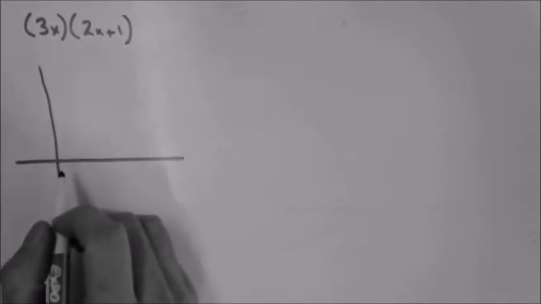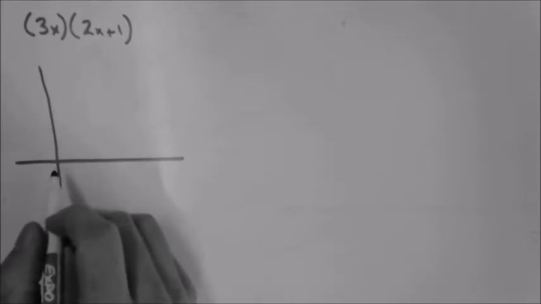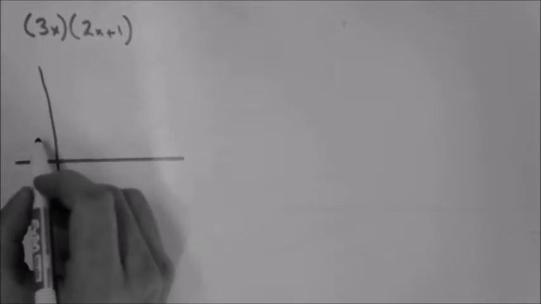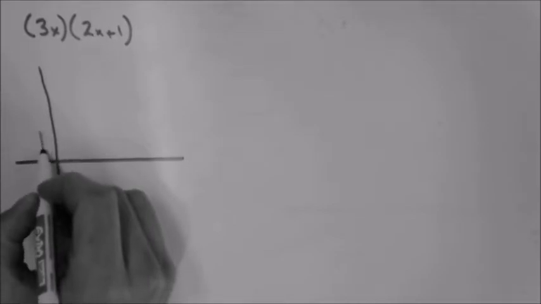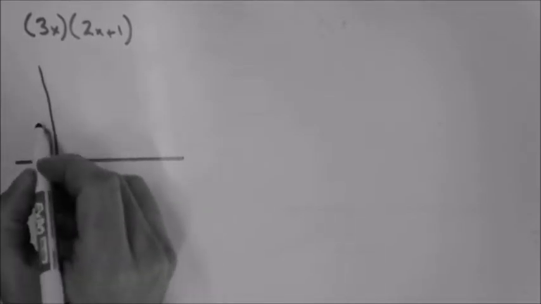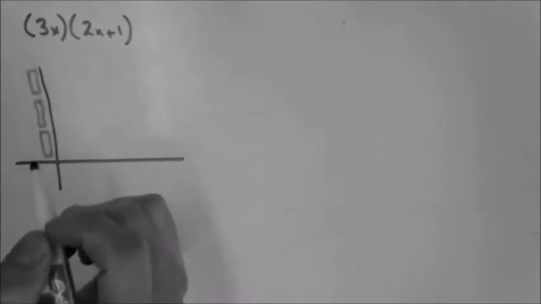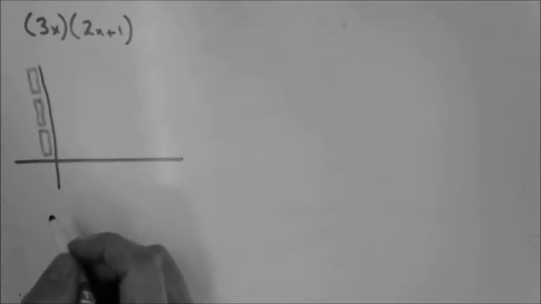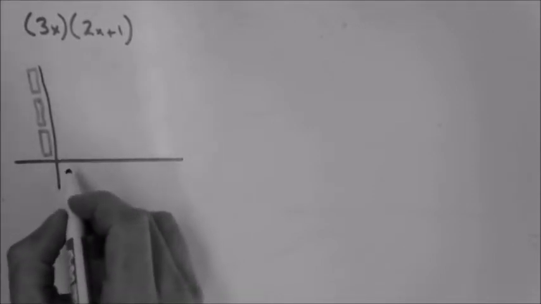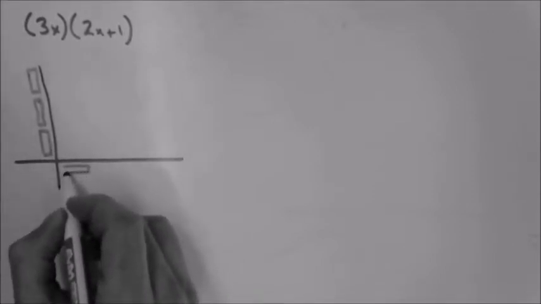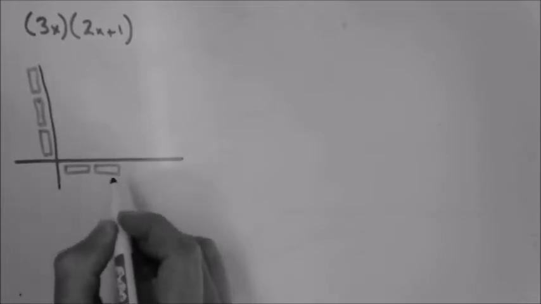I'll do the first one with you, and you're going to be expected to be able to draw the second one on your own. So, remember, x's are bars. So on the vertical, I'm going to do my 3 x's. I'm going to make sure they're generally the same size and shape. 3 x's. And down at the bottom, I have 2 x's plus 1.